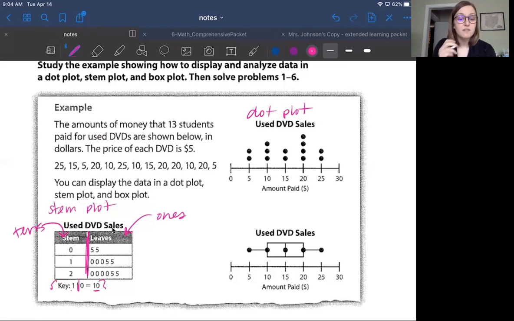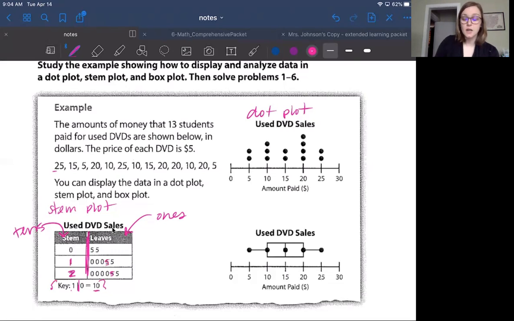So when they took 25, the tens would be this 2, right? Next to where I have a 2 in my tens place, notice that I have 1, 5. Where I have 10, here's my 15.